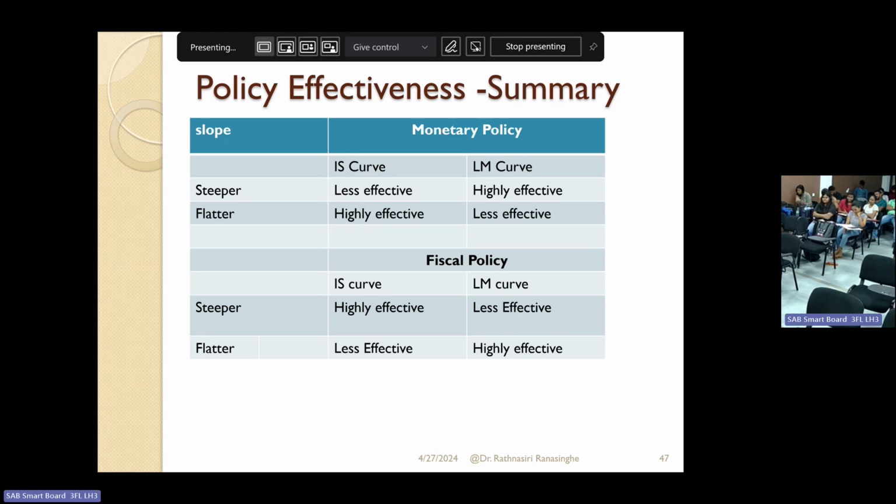Now we can take the fiscal policy and the slope of the IS curve.